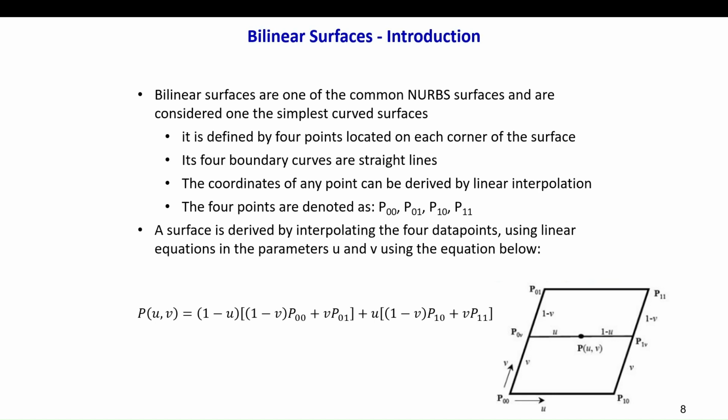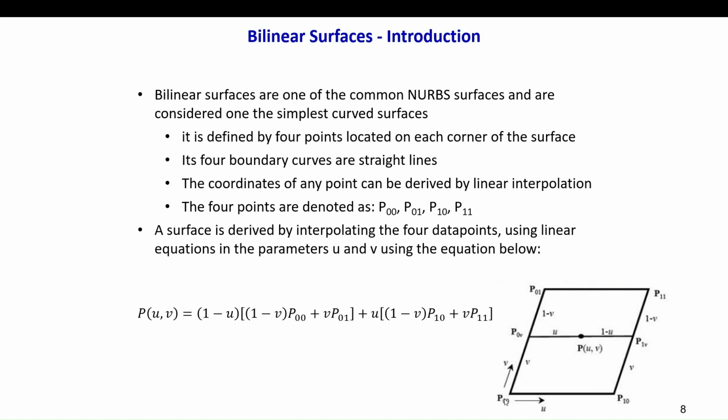The coordinates of any point can be derived by linear interpolation, and the 4 points are denoted as P0, 1, 2, and 3. A surface is derived by interpolating the 4 points using linear equations and the parameters u and v, using the equation shown below. And the figure also illustrates that formula as well.